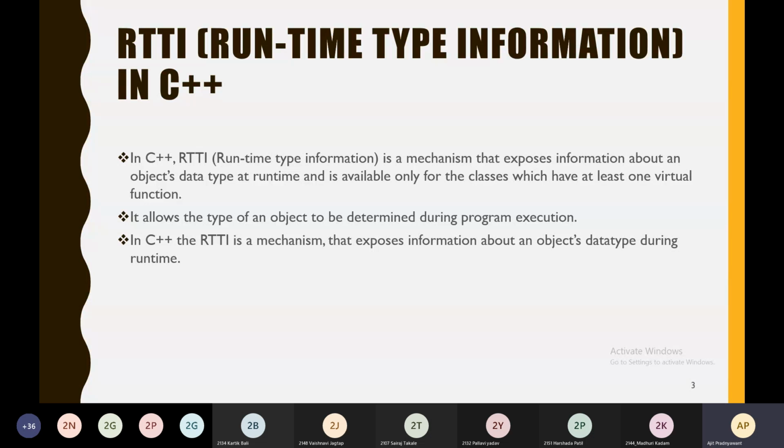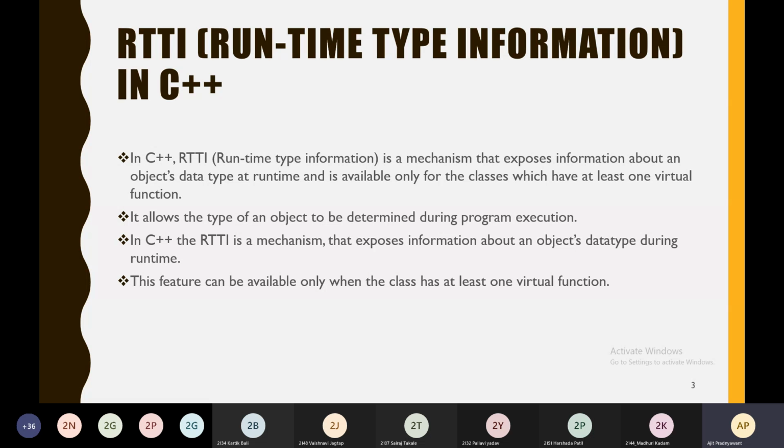Again, the same concept in other words. In C++, RTTI is a mechanism that exposes information about an object's data type during runtime, and this feature is available only when the class has at least one virtual function.